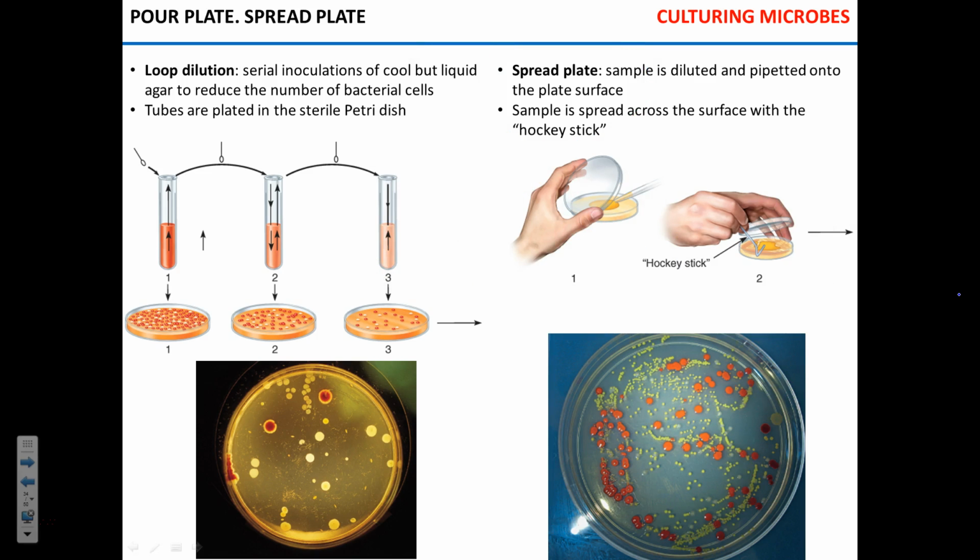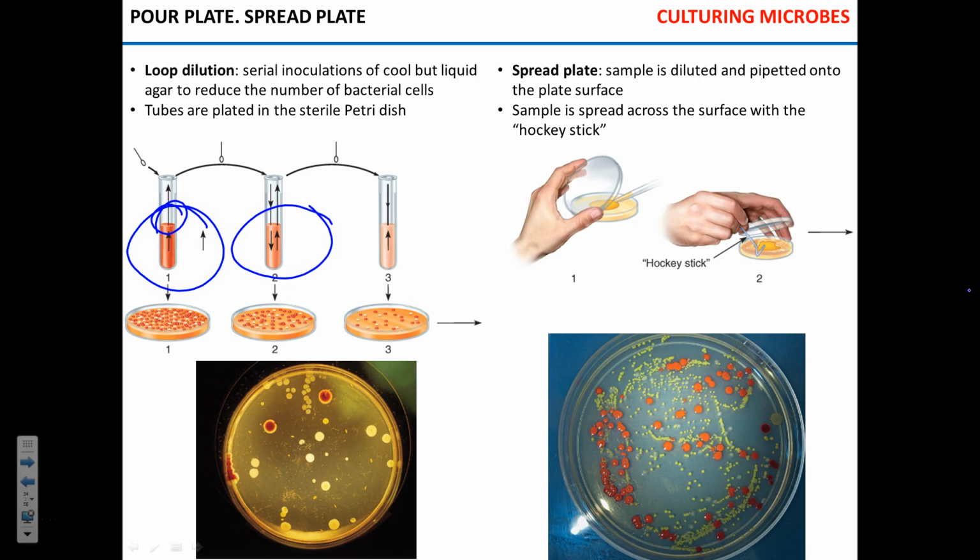Now, other methods to spread your microbes are pour plate and spread plate. In pour plate, you inoculate liquid agar, the warm, warm enough to stay liquid, but not too hot, otherwise microbes will die. So inoculate the agar, mix it up, re-sterilize the loop, pick up a little bit from here, move it to another tube with agar.